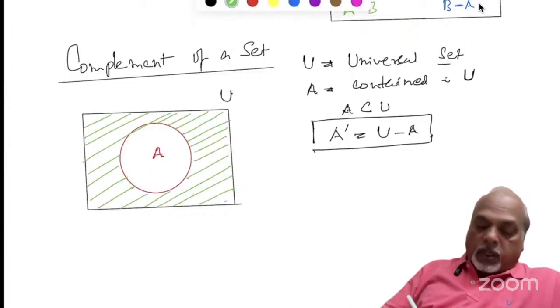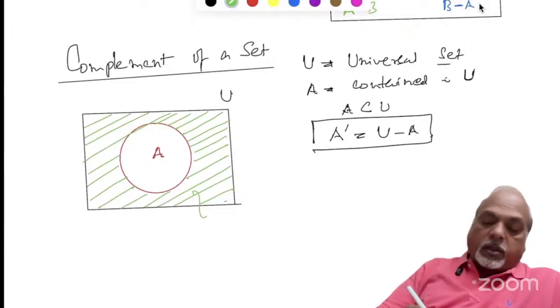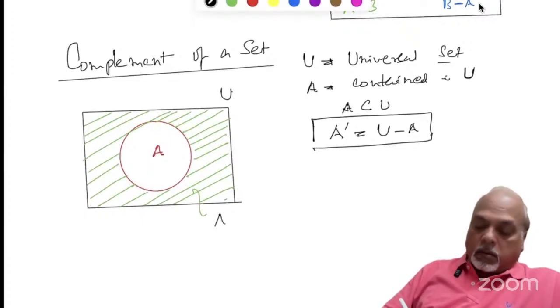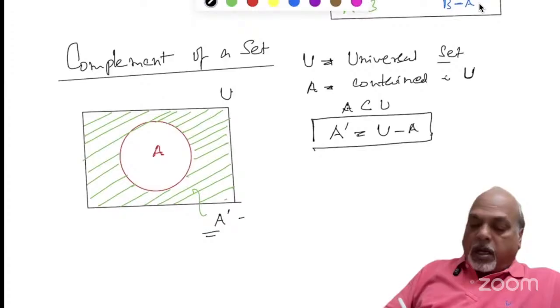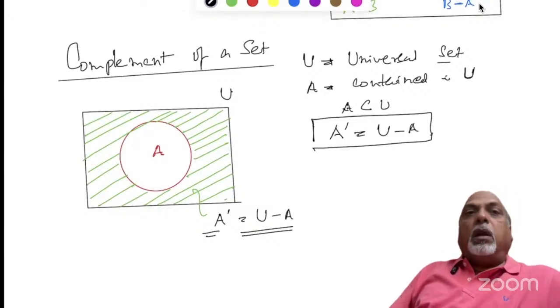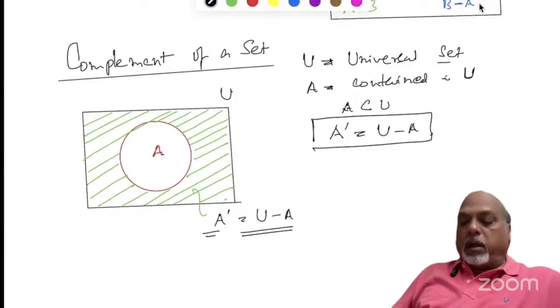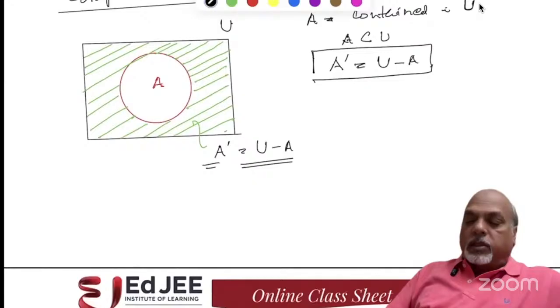This portion is basically A dash, and A dash is nothing but U minus A. So this is the complement of A. Correct? We can take an example here.